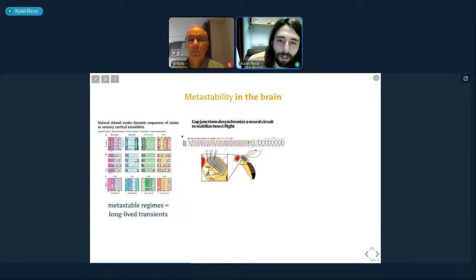So you see each color corresponds to a different state, which is in this case basically a different pattern of synchronization along these neurons.